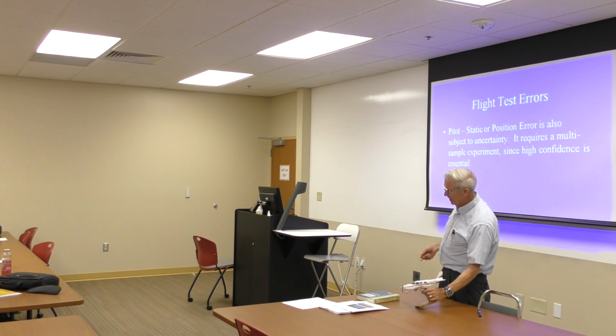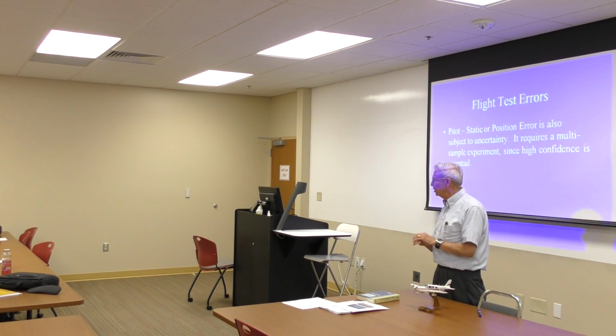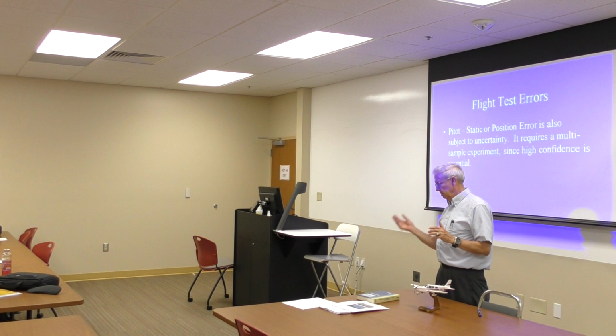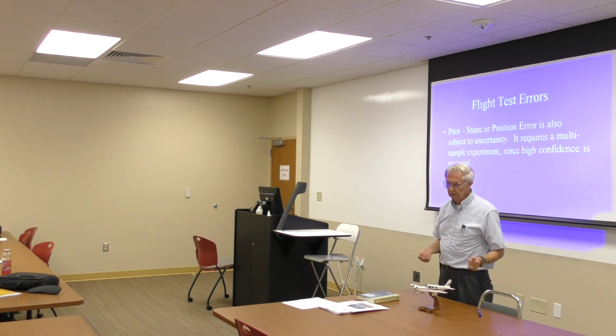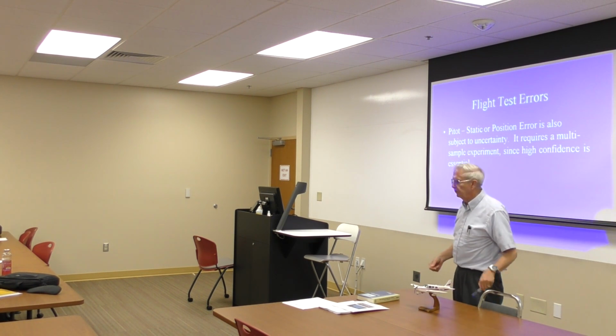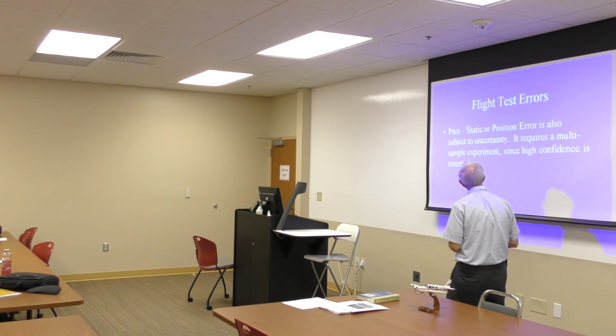That's how it got its name, position error. So the airplane itself has its own airspeed error. And since it's static pressure, it also gives you an altimeter error, okay? Both airspeed and altitude are affected by position error.